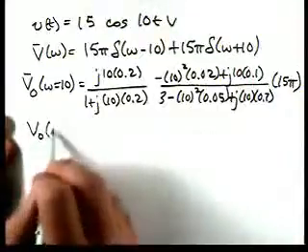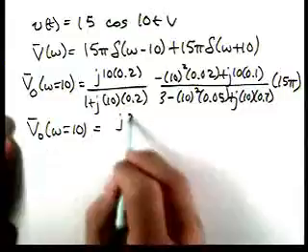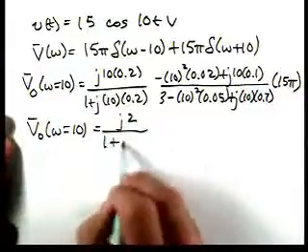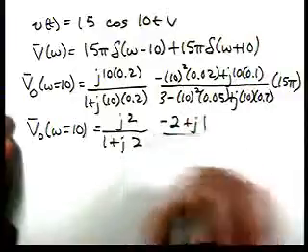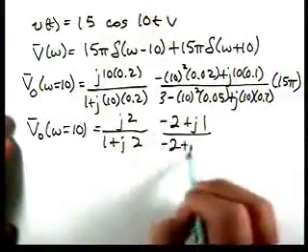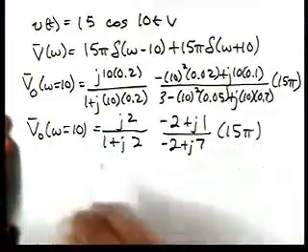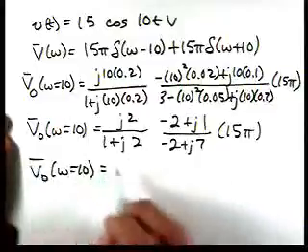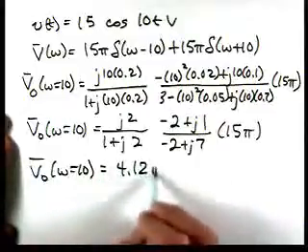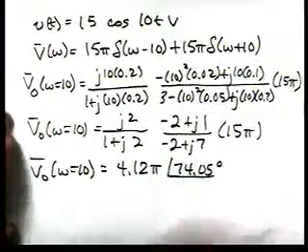So V0 at omega equal 10 then is j2 over 1 plus j2, and this is minus 2 plus j1 over minus 2 plus j7 times 15 pi. And if we finalize the calculations, we wind up with 4.12 pi at an angle of 74.05 degrees.